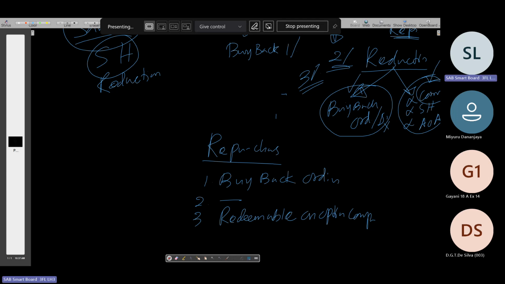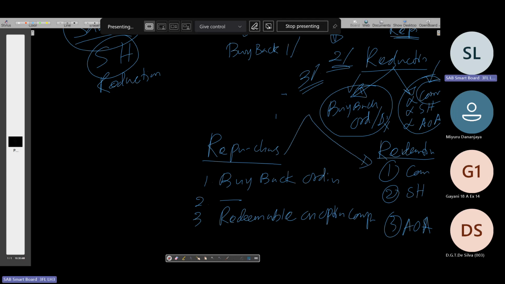And the second concept is known as redemption. Redemption means the company can redeem the redeemable shares on the option of the company, on the option of the shareholder, or on the date specified in the articles of association. So repurchase or redemption amounts to reduction.